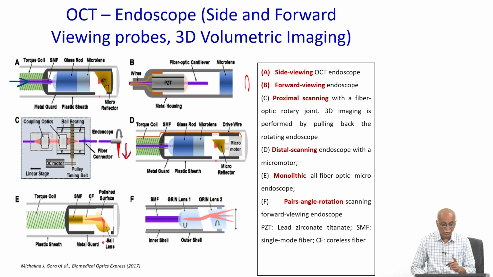I will try to show you some examples, but before that, how will the device configuration look when I send the light through the endoscope? Just illuminating the surface and getting the signal is one way, but if I want to observe, let us say, a vessel, and I want to observe the circumference, all these tissues in different directions, then I will have to rotate this light.